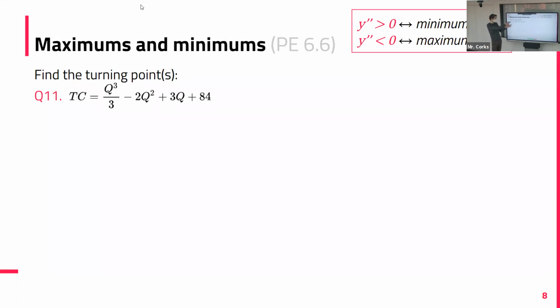Solve for x, or q in this case, for that first derivative when it's equal to 0. Then check those points in the second derivative. So find the first derivative, set it to 0, solve for x, check in the second derivative. That's our process.